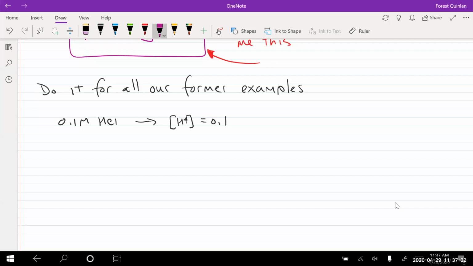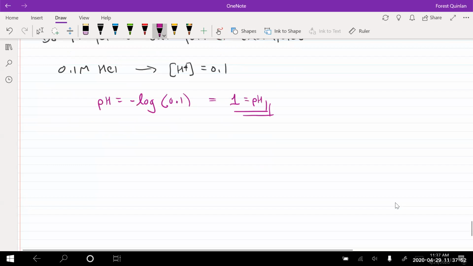Hopefully, if you plug that into your calculator, you will get 1. Go ahead and try that real quick and see if you got it. If you didn't, let me know.